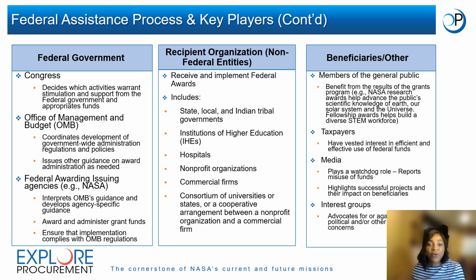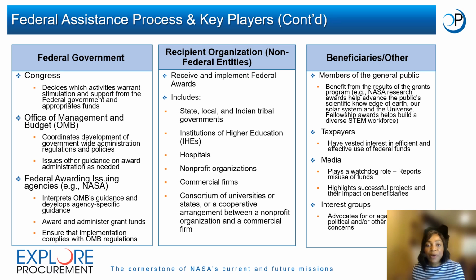The recipient organizations, also known as non-federal entities, receive and implement federal awards. These entities include state and local, Indian tribal governments, institutions of higher education, hospitals, nonprofit and commercial organizations, and consortia of universities or states.